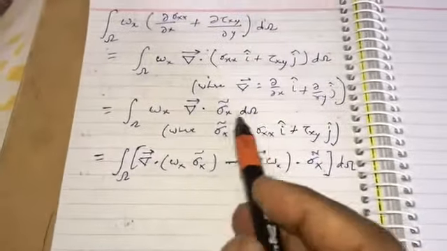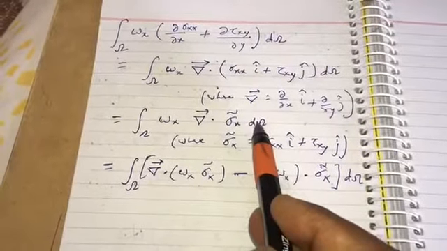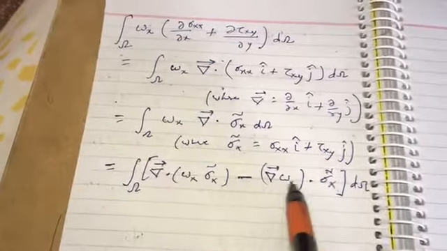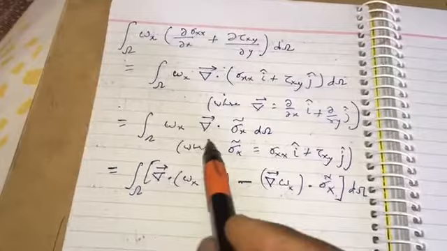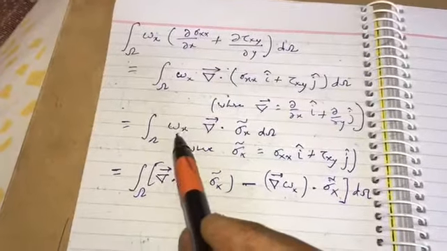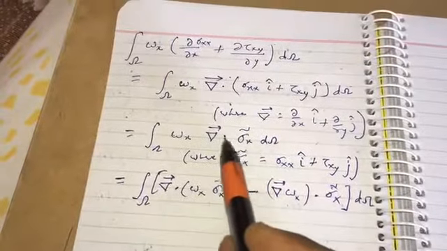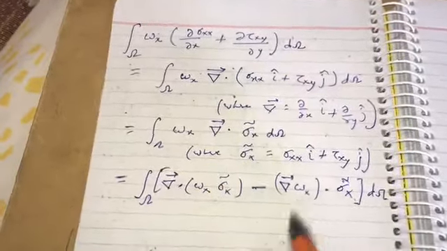This expression we also got during the heat transfer problem. We are applying the same thing here. It's nothing different, only the symbols are different. Instead of w we have wx, instead of q we have sigma x. That's it. So we apply the same thing here and we get this expression.